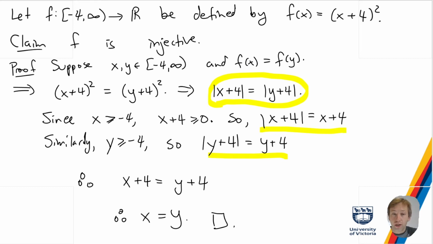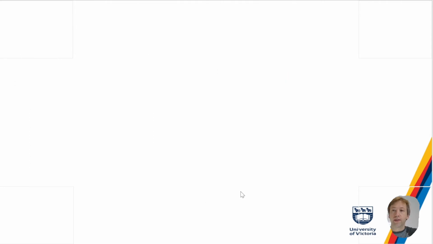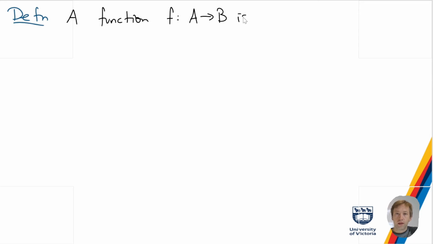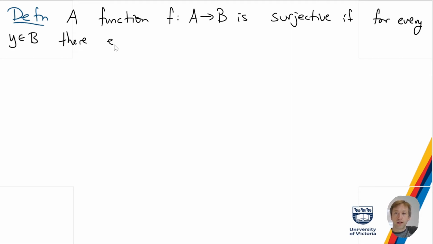Okay, so now we're going to look at the next definition, which is surjectivity. Definition: a function f from A to B is surjective if for every y in B there exists x in A such that f of x is equal to y.